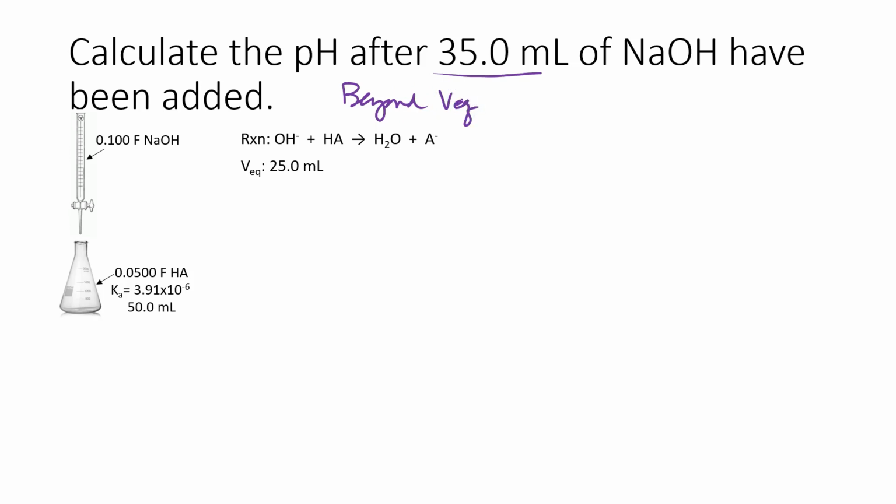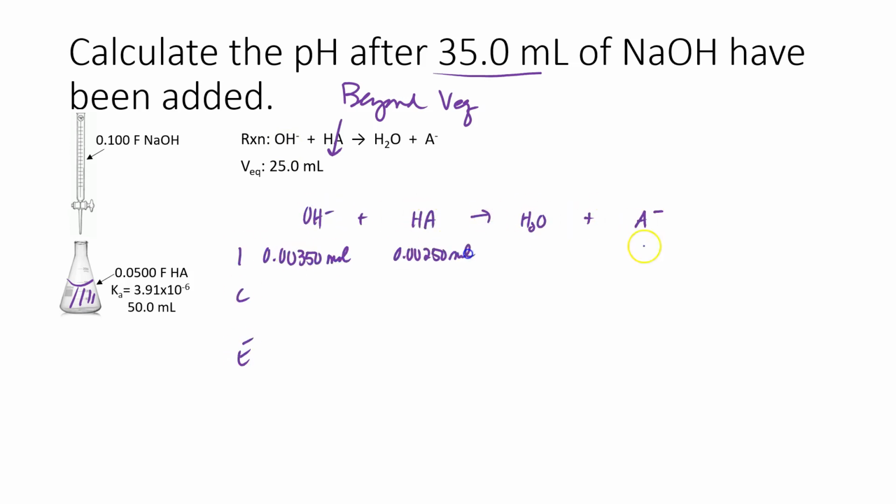So what's true now? Not only have we added enough OH to react with all of the HA in here such that HA is gone, we've added some extra OH. So we probably ought to figure out how many moles of extra OH there are. Again, I'll use an ice table to do that. So here's what my ice table looks like initially. Now, notice that HA is the limiting reactant.